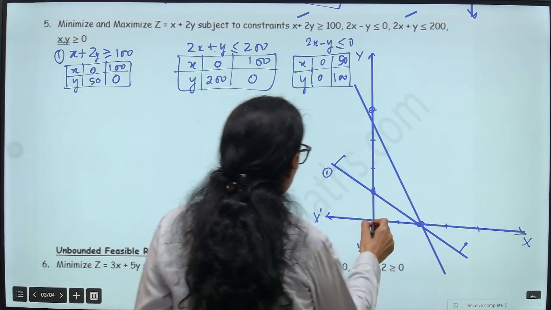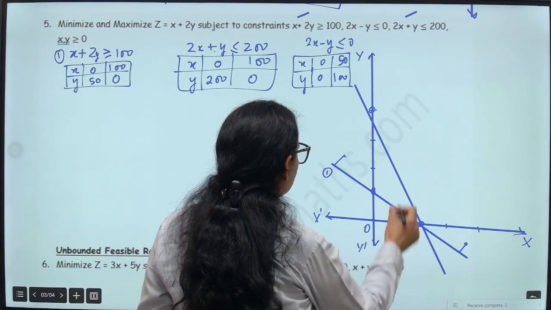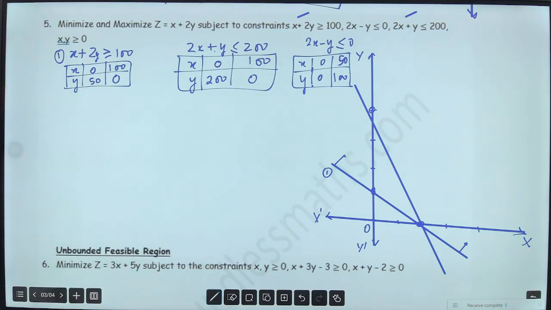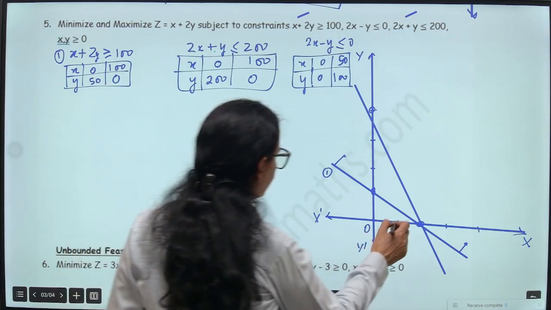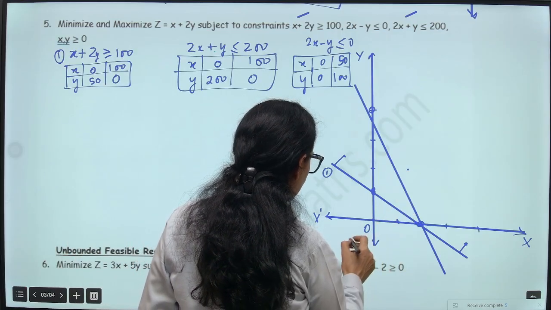So x is 0, 0 and the other point is x is 50, so it is here, then y is 100 here. So one point is 0, 0 and the other is 50, 100, somewhere here.